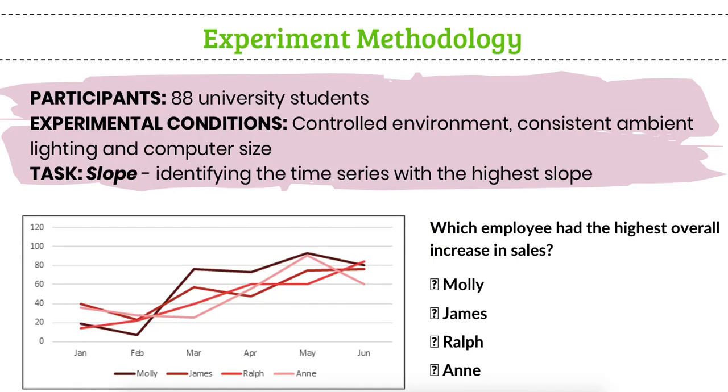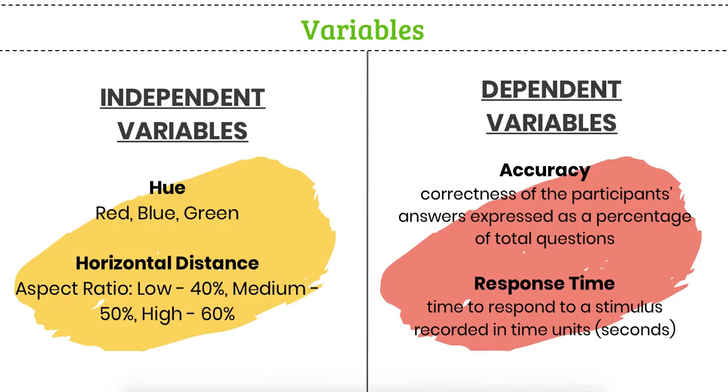Going to the methodology, we employed 88 university students in a controlled environment. We also controlled the ambient lighting and the computer size. The task is the slope task, meaning they have to identify the time series with the highest slope. For example, in this graph, we asked which employee had the highest overall increase in sales, and we gave them 4 different possible answers.